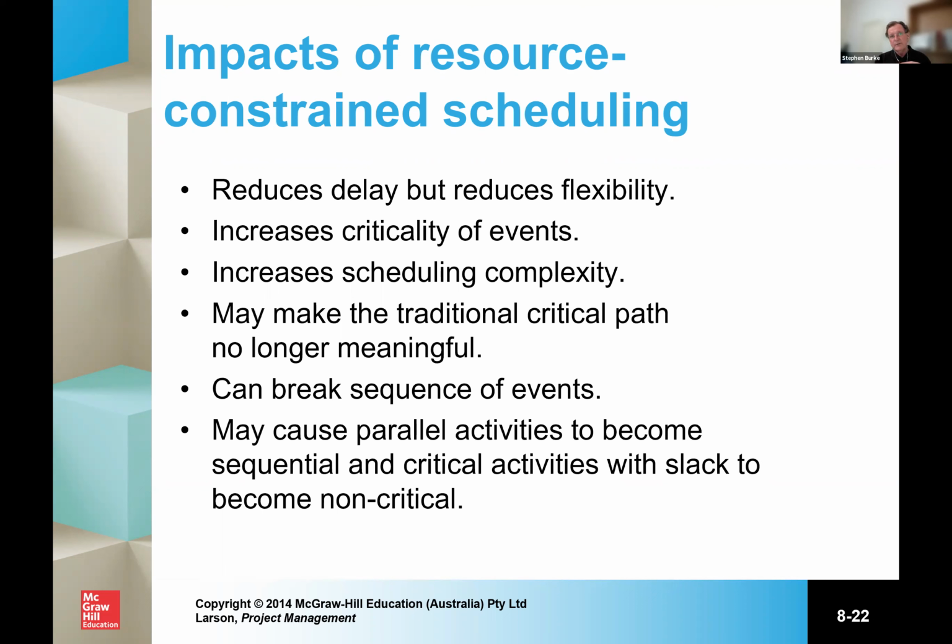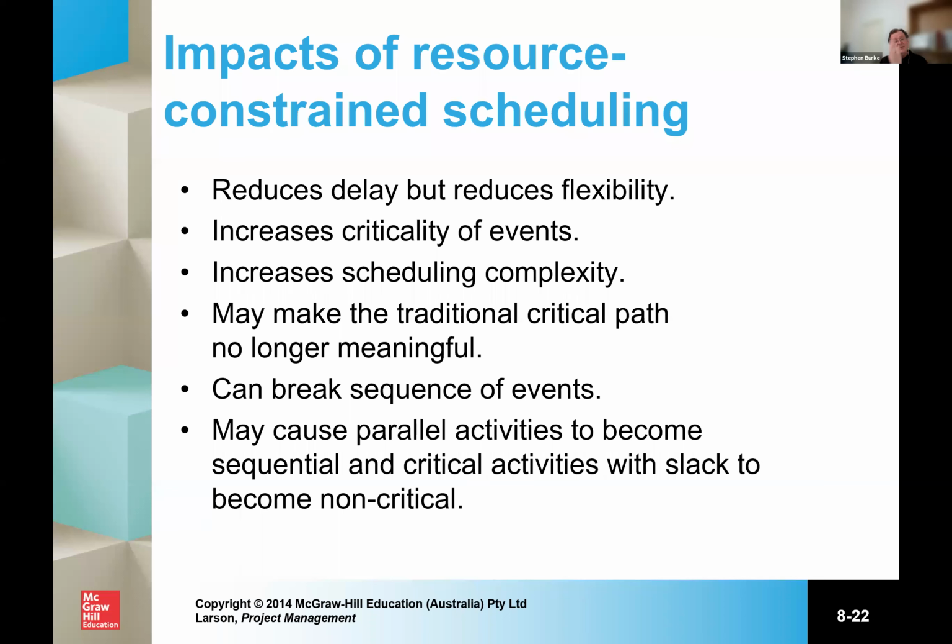So as you start to take resources out or have constraints, the degree of flexibility is reduced and the complexity can increase, and it might make the critical path no longer meaningful because you simply had to change things around so much that you can't rely on the critical path to get you through to the end of the project.